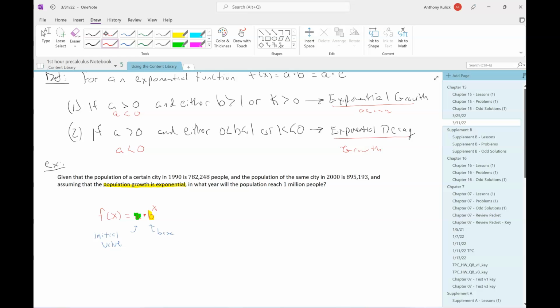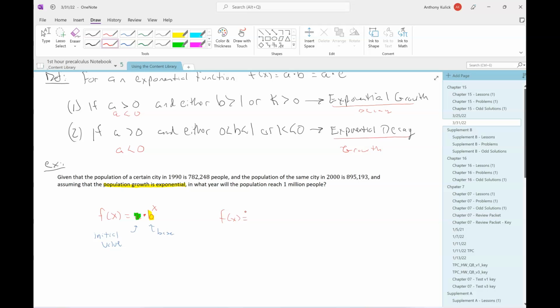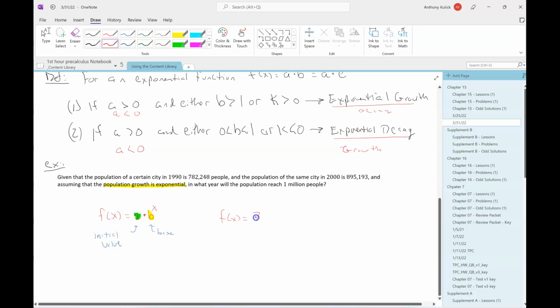So in this problem, what would the initial value be? Yeah, I agree.